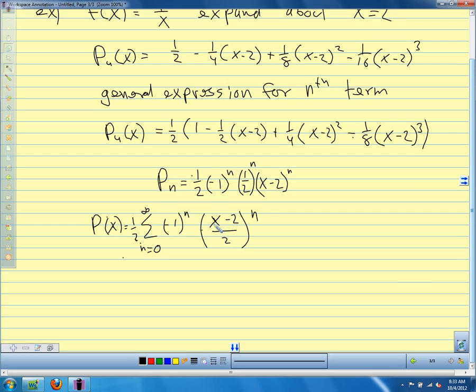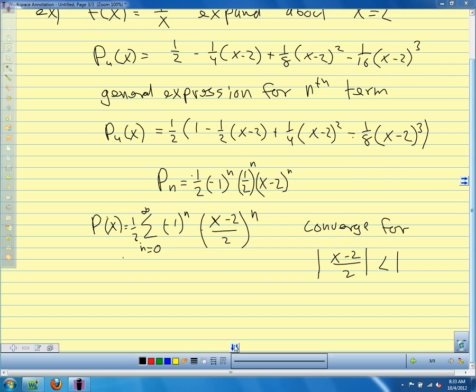If we look at this as a geometric series, as long as this ratio, this quantity, has absolute value less than 1, this is going to converge. So this is going to converge when the absolute value of (x minus 2) over 2 is less than 1.